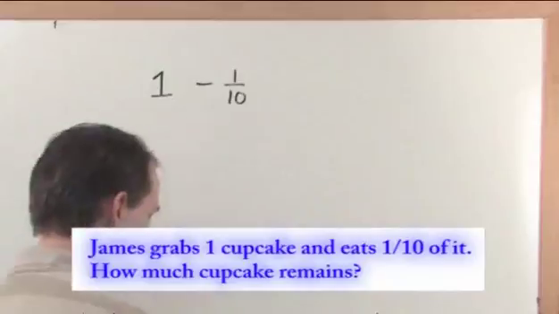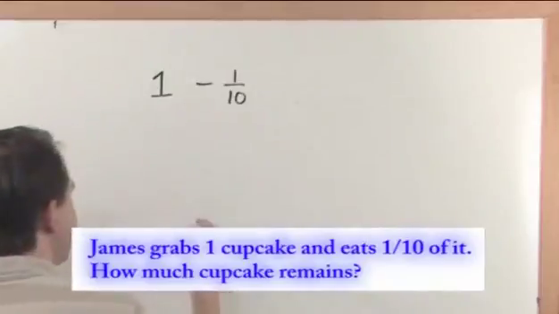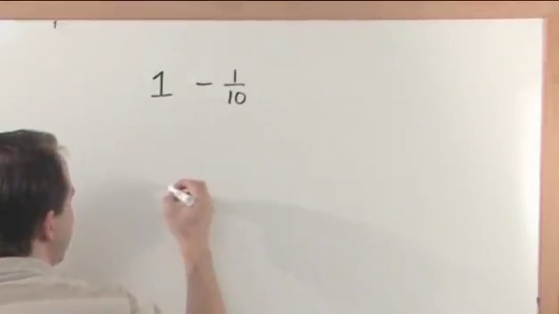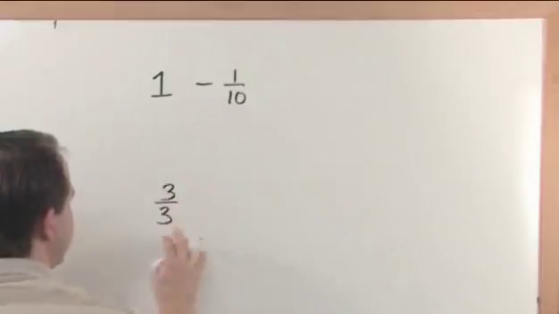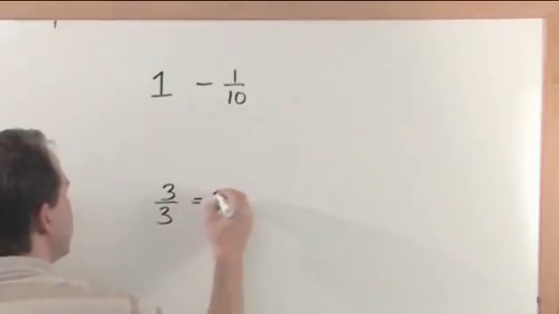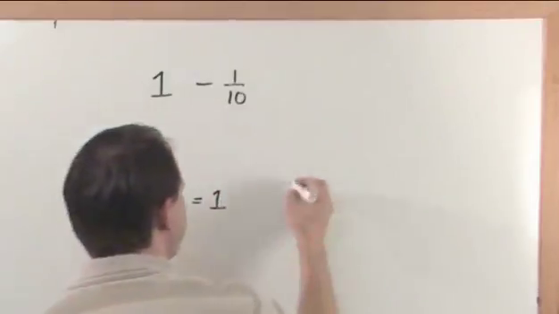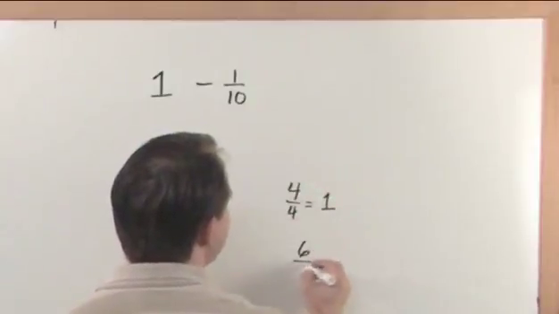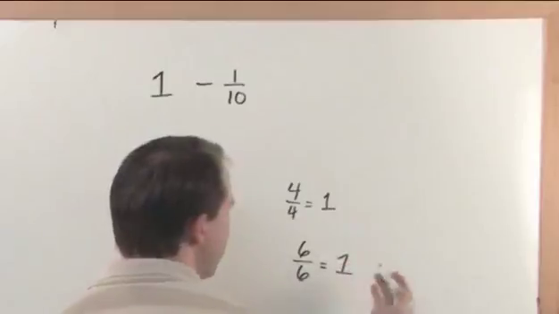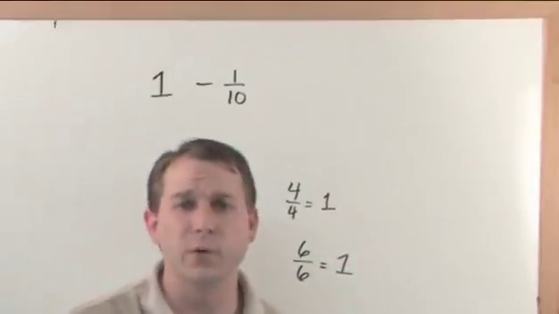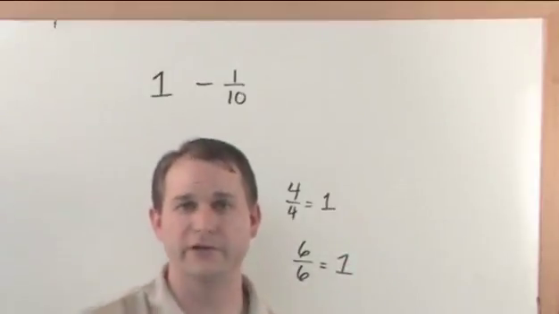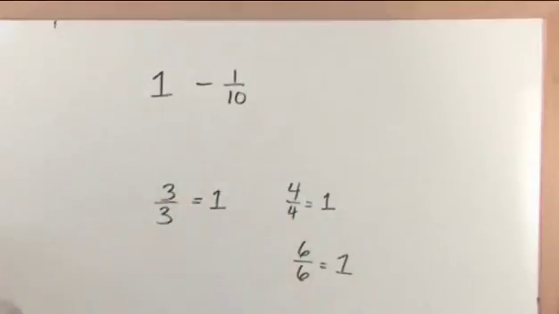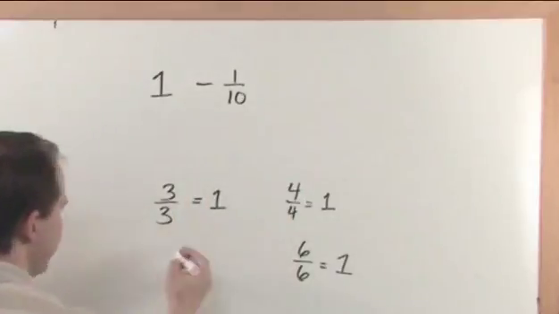So you remember back when you first studied fractions that if I have 3 over 3, this fraction is equal to 1, okay? And if I have 4 over 4, this fraction is equal to 1. And I have 6 over 6, this fraction is equal to 1. And if I have 234 over 234, that fraction is equal to 1. The reason that they're all equal to 1 is that you can look at it two ways.